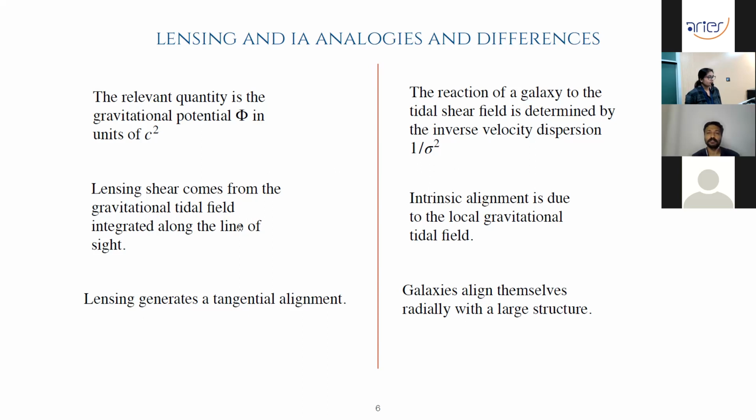And in the case of the lensing shear, the gravitational tidal field is integrated along the line of sight, as I showed you in the previous diagram, where the concerned galaxy needs to be far away from the dark matter distribution. In the case of intrinsic alignment, it is due to the local gravitational tidal field. And the kind of alignment is also different. Lensing will generate a tangential alignment, whereas intrinsic alignments align radially with the large structure of the dark matter distribution.